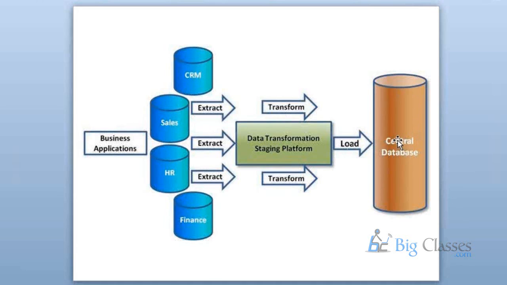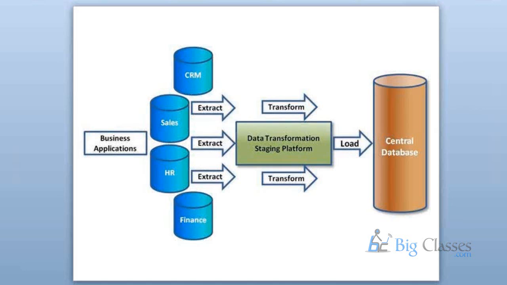Okay? So the data that is present in the multiple OLTP systems, I'm extracting the data, which is called data extraction, right? I'm transforming the data that is extracted from multiple OLTP systems, which is called data transformation, right? And I'm loading the data into the very big database, which is called a data warehouse.